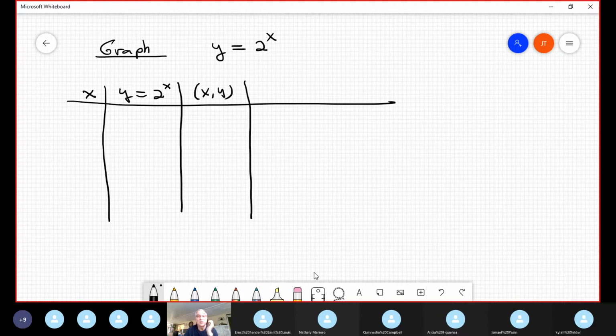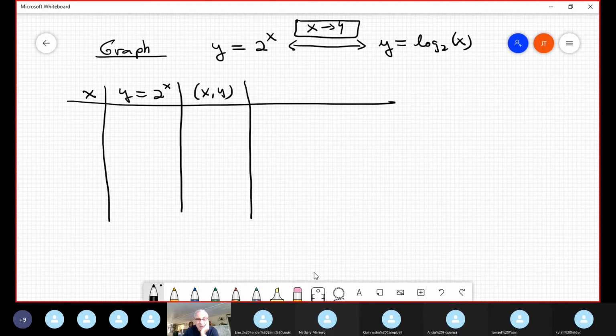And now, the relationship between these is an inverse, y equals logarithm base 2 of x, and the only thing you should do is interchange x and y. So in this column I have the exponential, and in this column I have the logarithm.